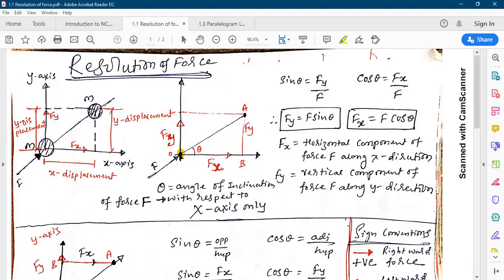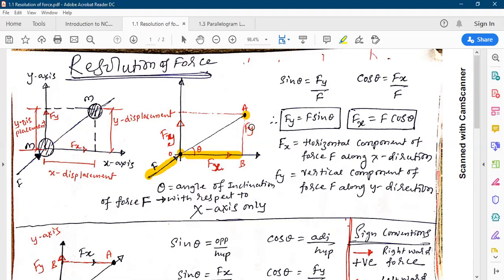In this small particle, we are applying a force F. The particle will shift from point O to point A, and during this process it will undergo both X displacement and Y displacement. The components of force responsible for x displacement and y displacement, we have to find out.